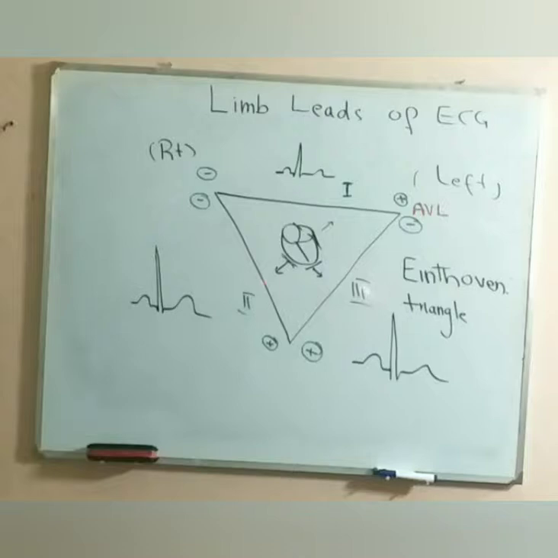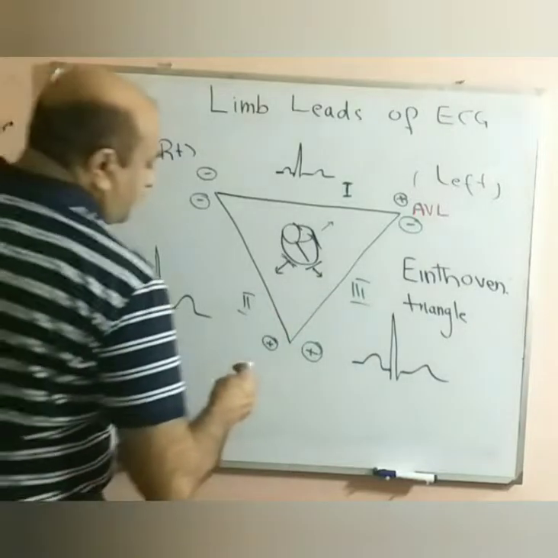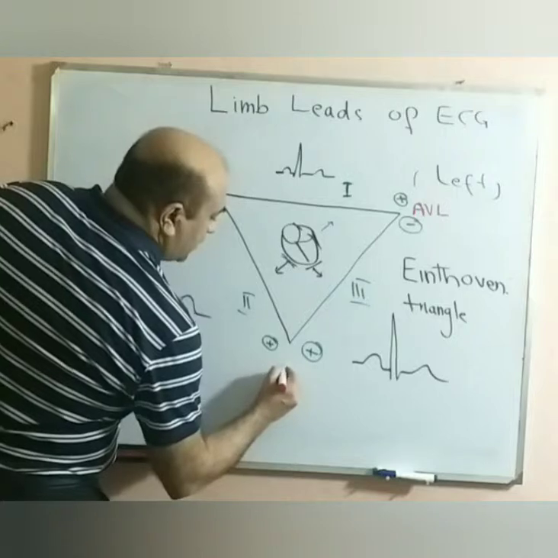Now, from leads 1 and 3, information was gathered and augmented voltage left was devised, which is a unipolar limb lead looking at the heart in the frontal plane. Between lead 2 and lead 3, they gathered some information and devised augmented voltage foot, AVF.